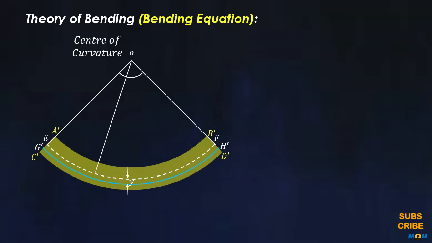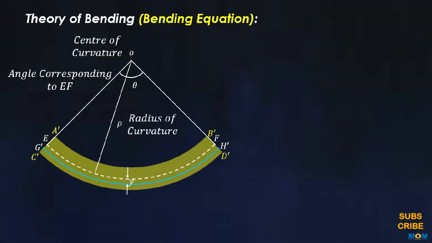corresponding to the neutral plane, and rho is the radius of curvature. Now considering the undeformed member, which is EF, so it is denoted with L. The undeformed member, that is EF, is equal to rho theta.